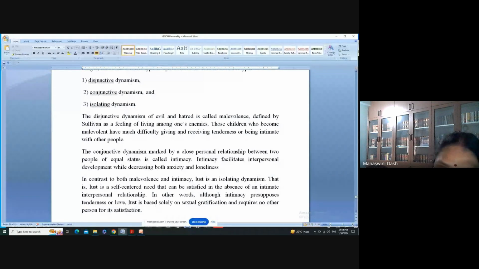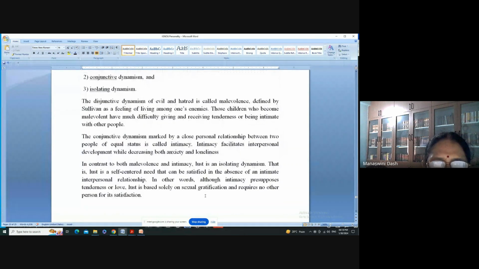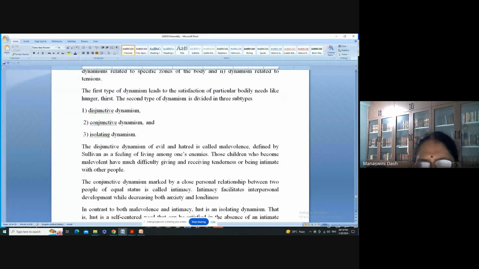Sexual gratification can be obtained in the absence of love. So isolating dynamisms require no other person for their satisfaction, whereas disjunctive and conjunctive dynamisms always require other people. It may be malevolent or benevolent.